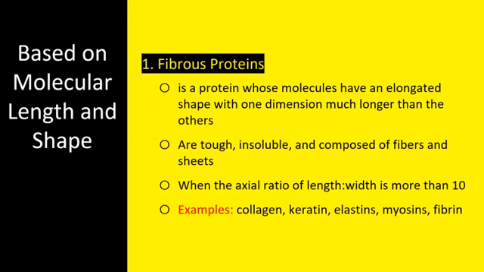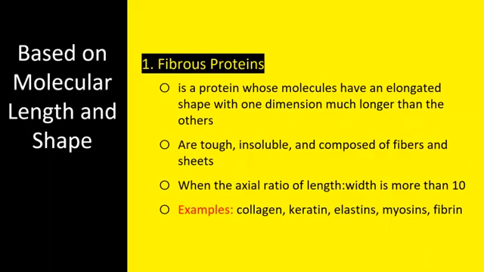We also have elastins, myosins, and fibrin. They are tough, and since they function as covering in general, they are insoluble and composed of fibers and sheets. Since we have myosins, they can be found as well in our muscle tissues.